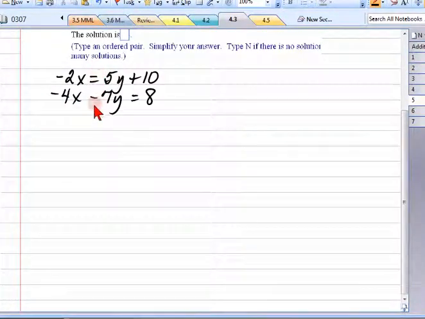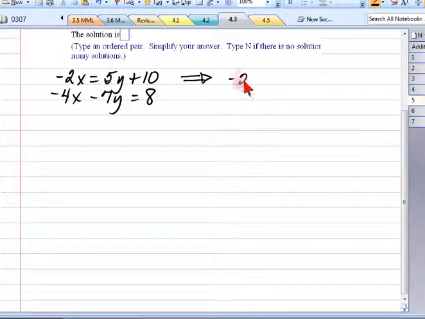I have an equal sign sitting over the subtractions. They're not lined up. Before I make any other decisions, these aren't in the right format, or at least this guy isn't. I like them to be x's, y's, equal signs, constants. So let's take a minute and let's fix that one.